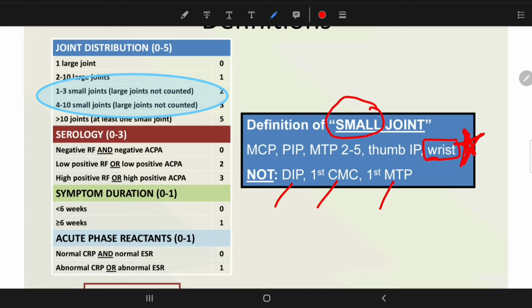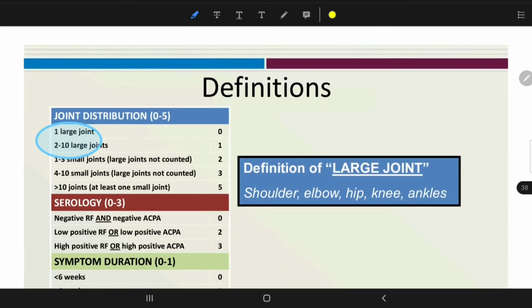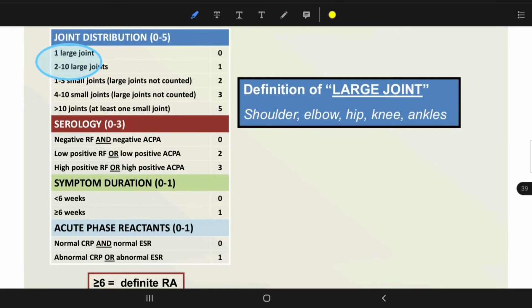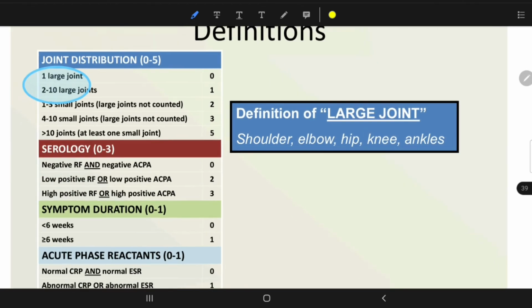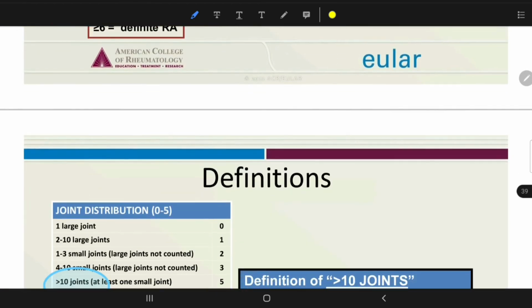This is important because small joints are given more value in this criteria. Large joints are given fewer points. So your wrist is a small joint.